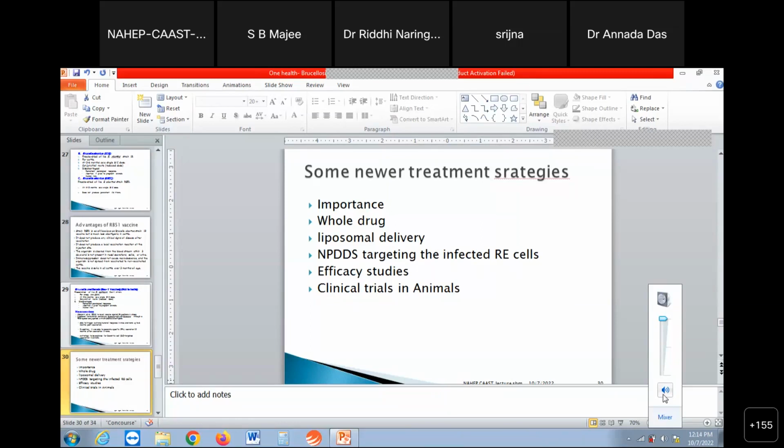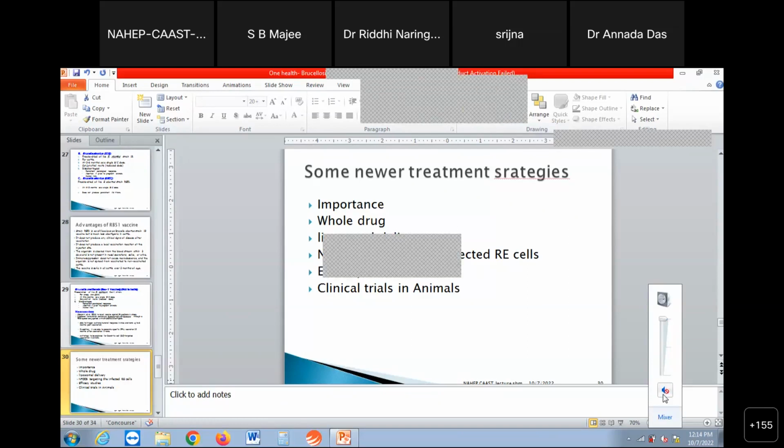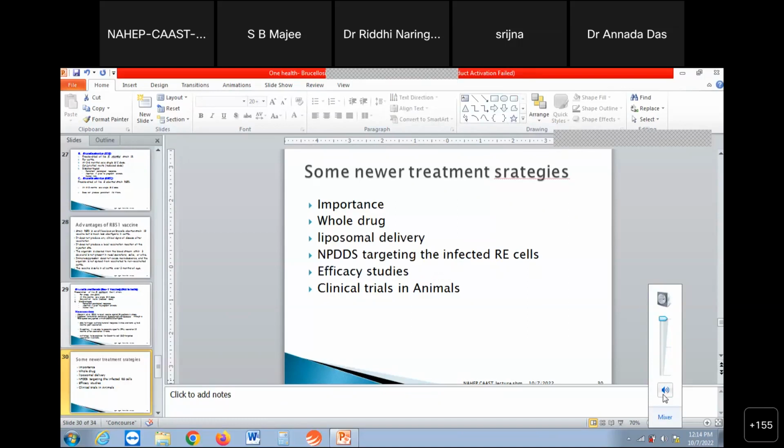That is intravenous treatment. The only thing is these drugs have to be given intravenously. So that is one thing which we need to work on, because these drugs cannot be administered through the nasal route. So these new treatment strategies again are to be tried out, because this will play a major role in public health.